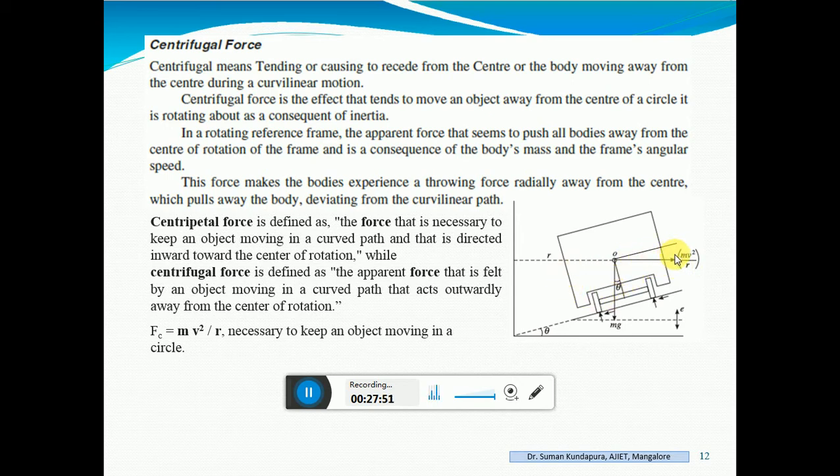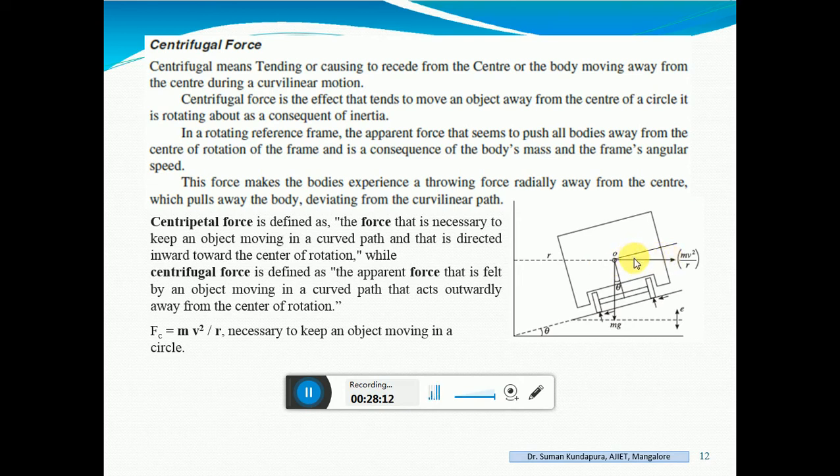Along the x-axis if I resolve, one is the mg force, and the component along the x-axis is mg sin theta.